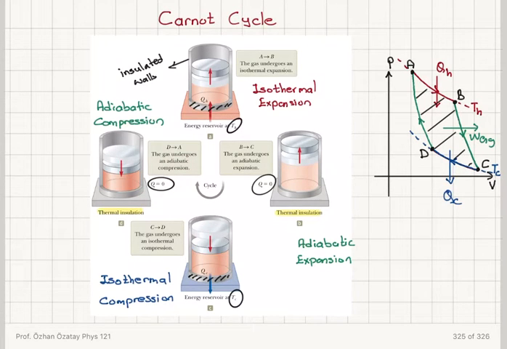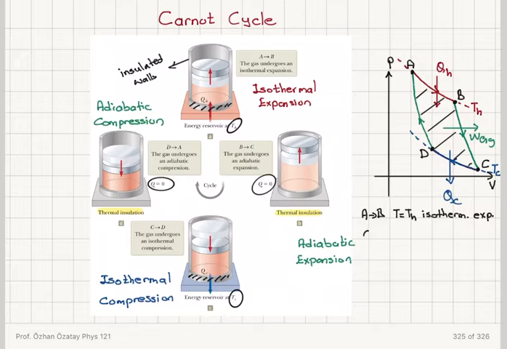Now we have from A to B an isothermal expansion, temperature equals TH, and this is the point where we are absorbing heat.